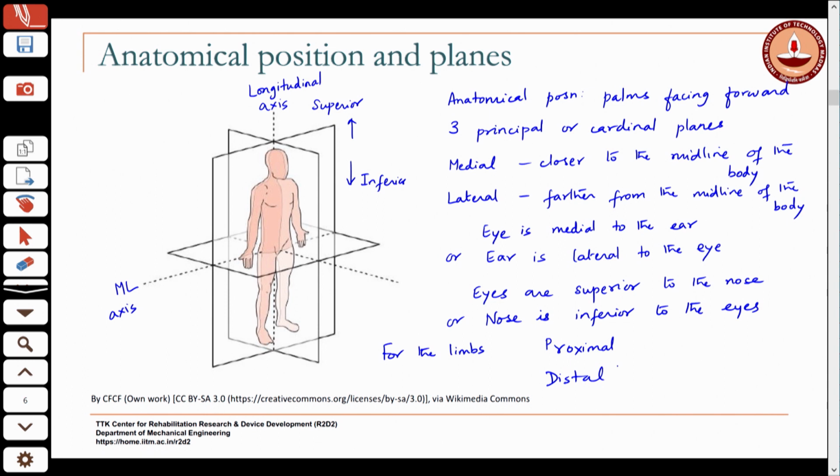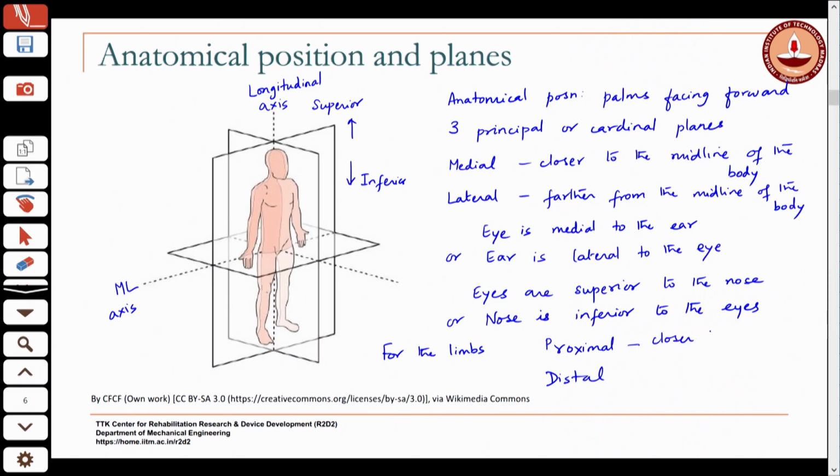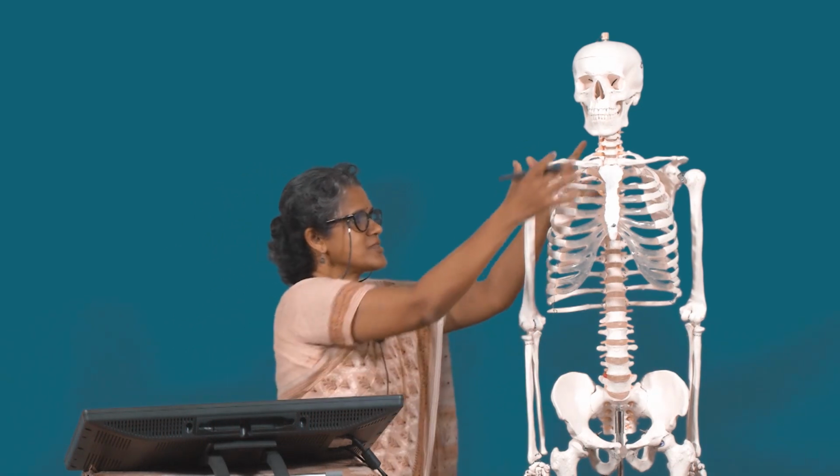When we say something is proximal, proximal means closer to its point of attachment to the body. Because if you think about your central portion of the body, the limbs are kind of attached to that.